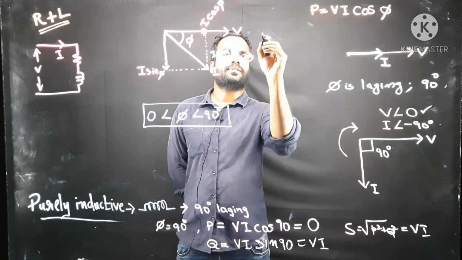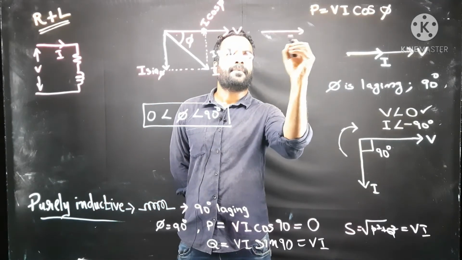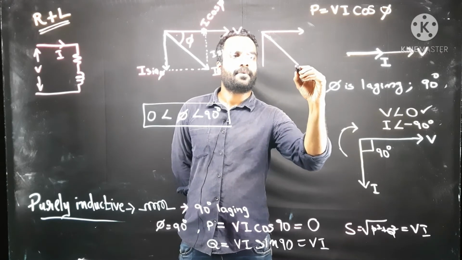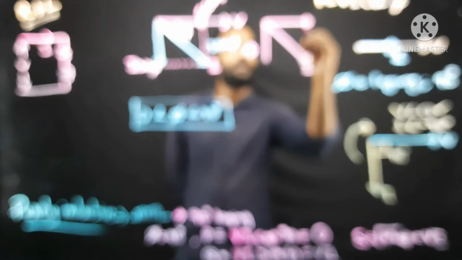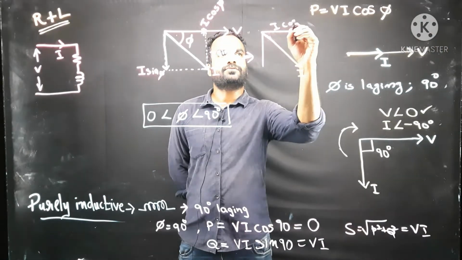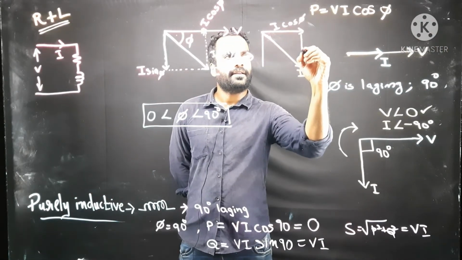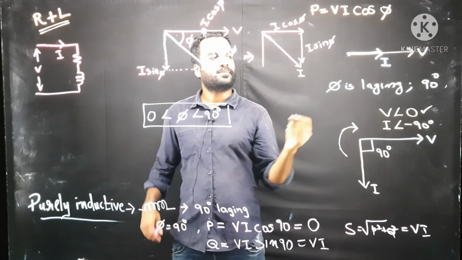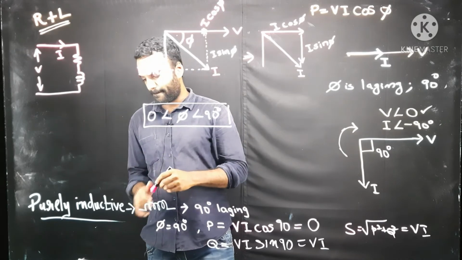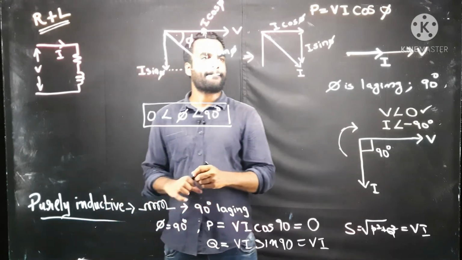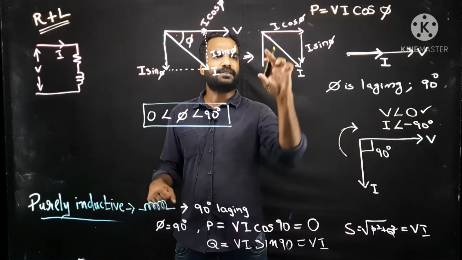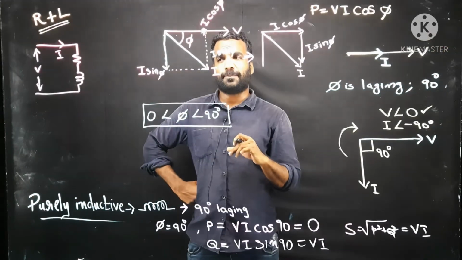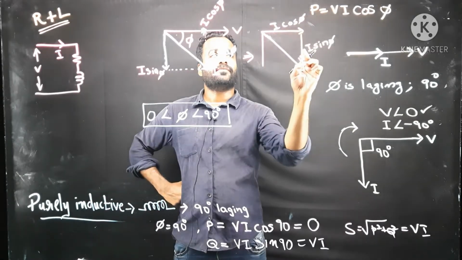So I can redraw this as I cos phi and I sin phi. Is it okay? This is actually I sin phi, we transfer that to here. Now suppose I am multiplying V with all the three vectors.